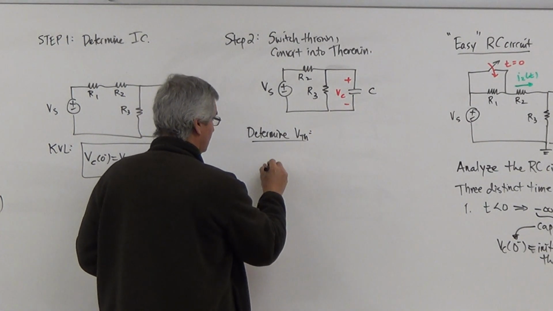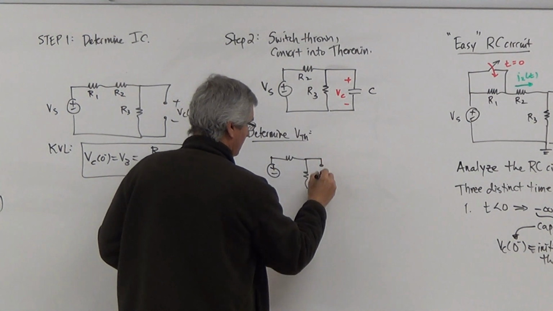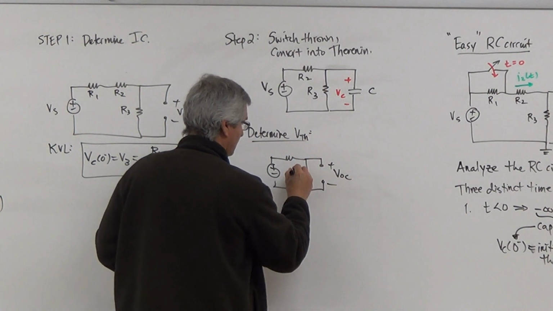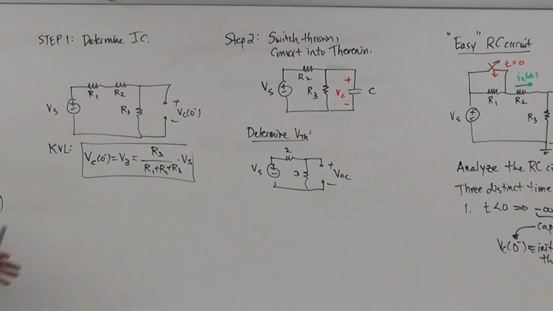So what I see here, I want this guy right here. So what do I do? I calculate this using VDR again.